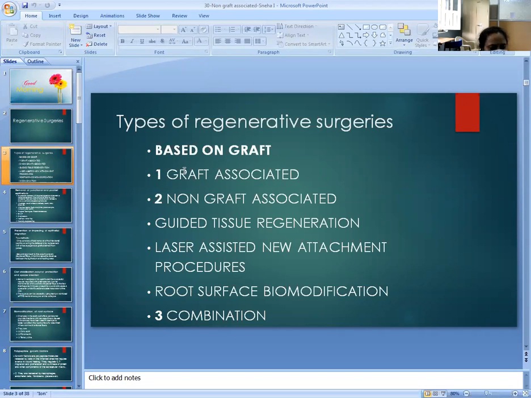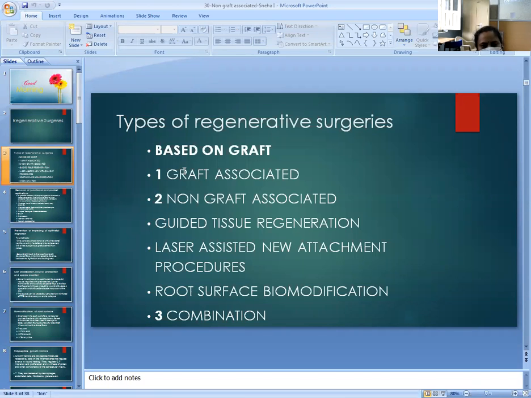What does defect formation mean? Changes take place along the root surface and in the bone, and it forms a 3-wall or 2-wall defect, or there may be loss of periodontal tooth structure, loss or destruction of cementum. All these you need to recover.